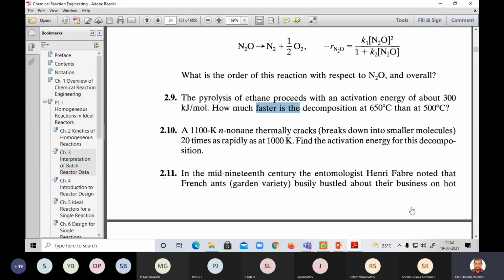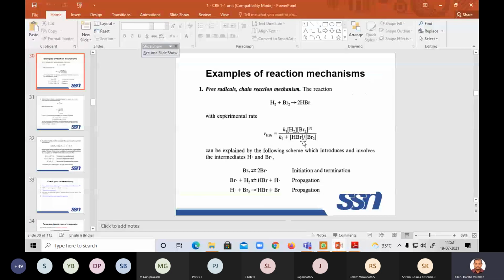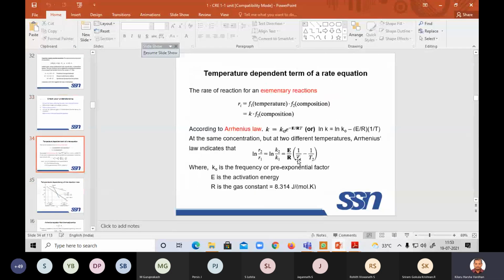The expression for that is ln of K2 by K1 equals E by R times (1 by T1 minus 1 by T2). E is given, R is given.